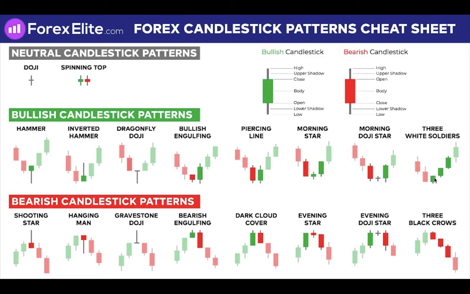When you see an arrangement like this one, it is telling you that there was probably a drop in the trend, and now things are about to change. Things are about to potentially rise.